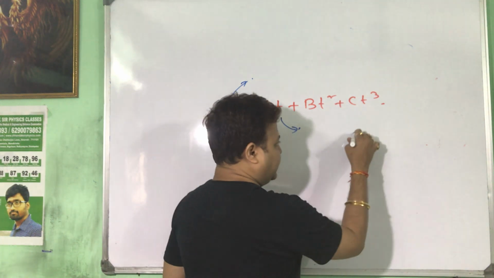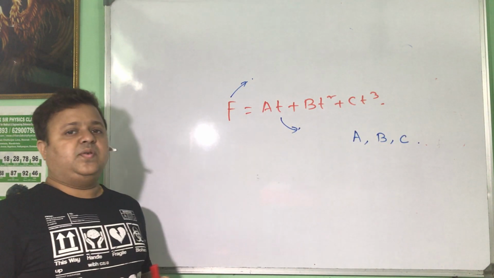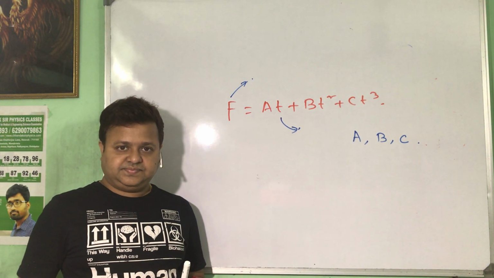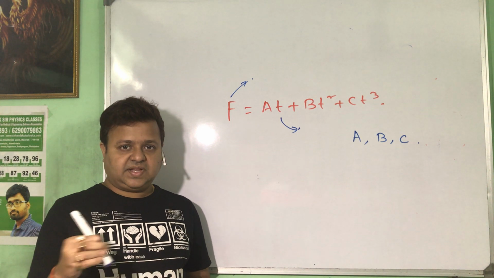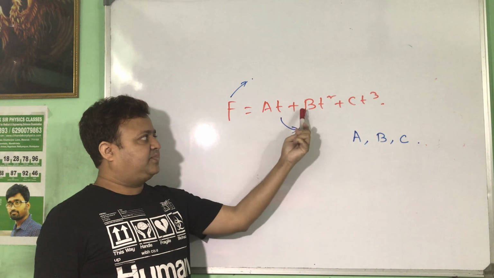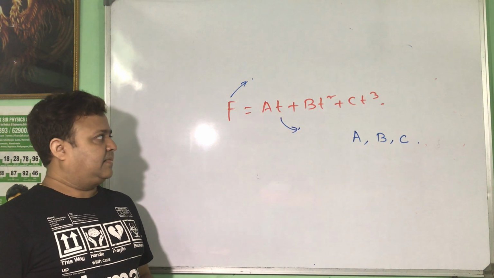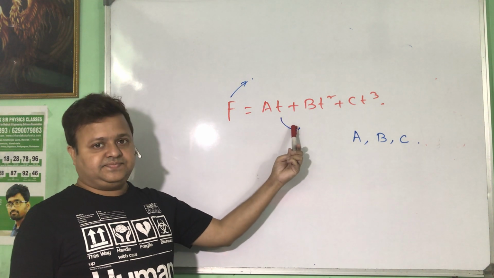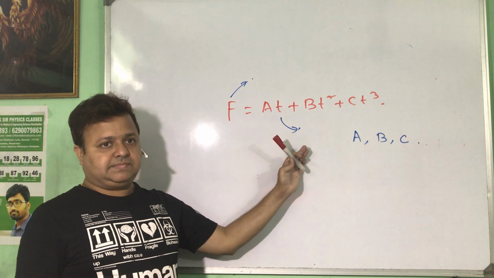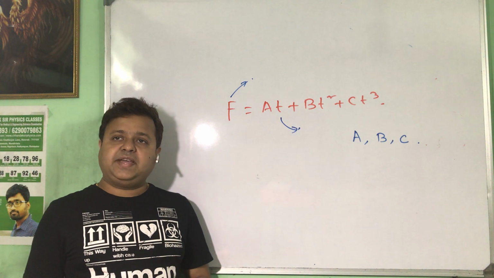We have to find the dimension of A, B, C. This is the equation in physics actually. So we have to find the dimension of A, B, C.